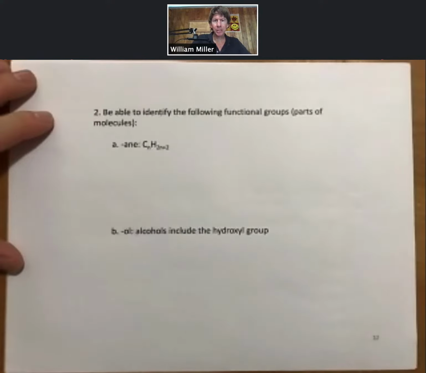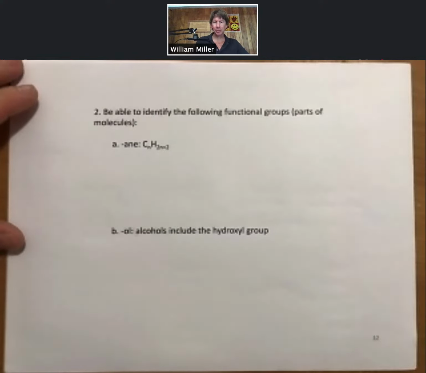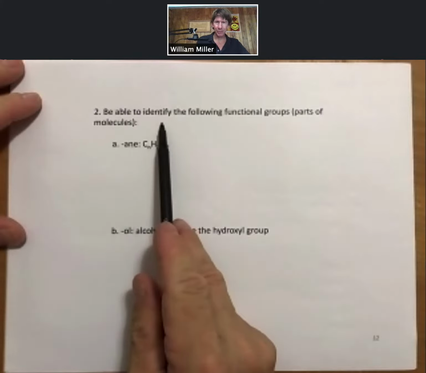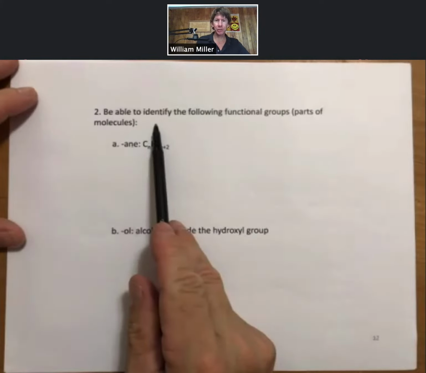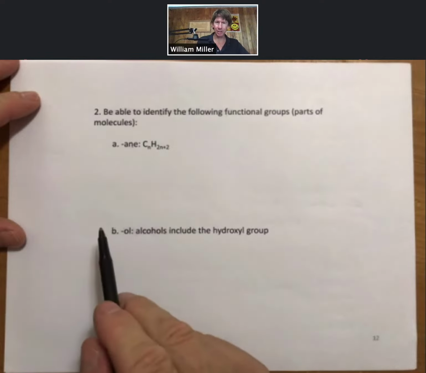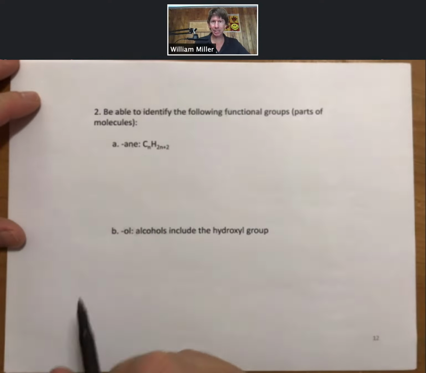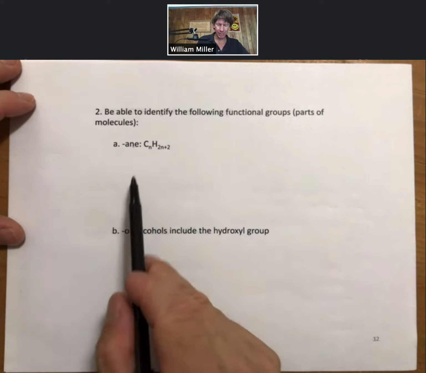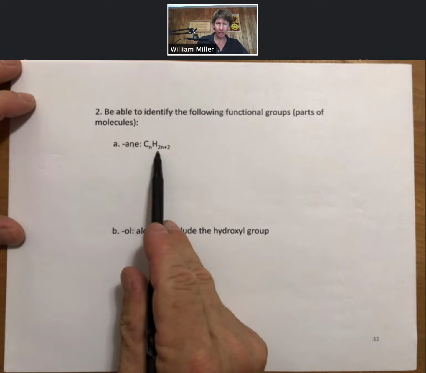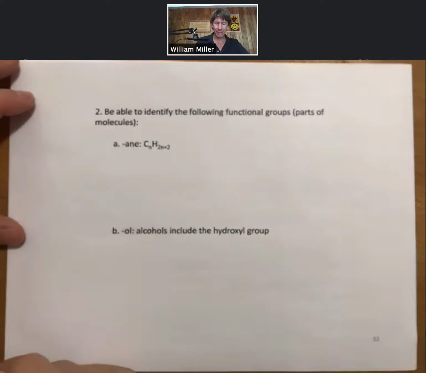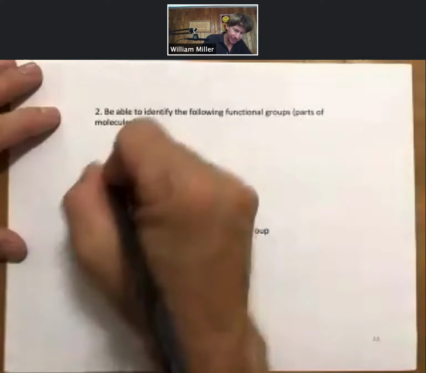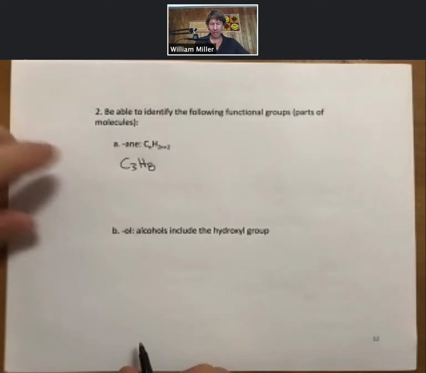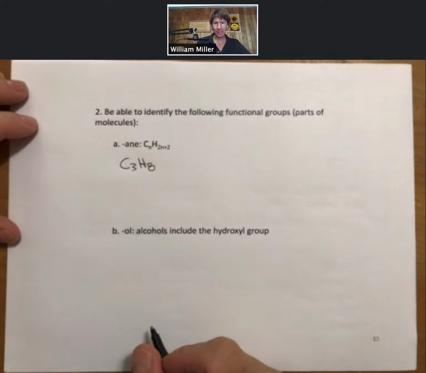And as far as nomenclature goes, we're going to ask you to be able to identify several different types of compounds, be able to identify the following functional groups, and that's a word for parts of molecules. Anytime you see something with the ANE ending, it will have the formula CnH2n plus 2. For example, C3H8 follows this formula, and it is propane.